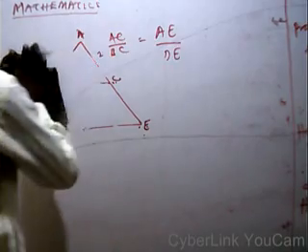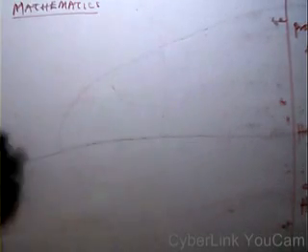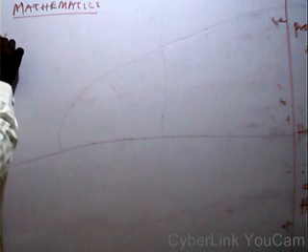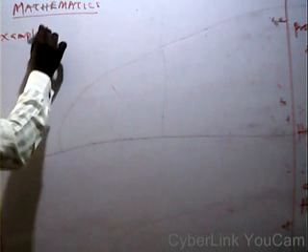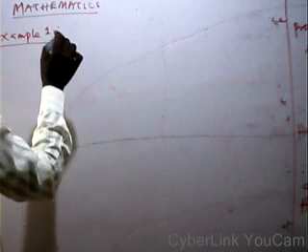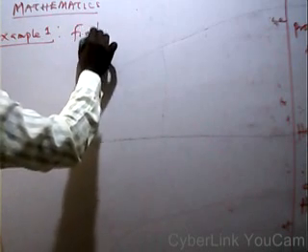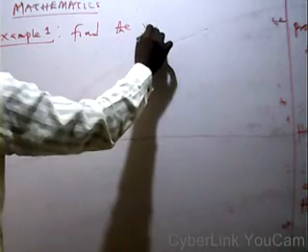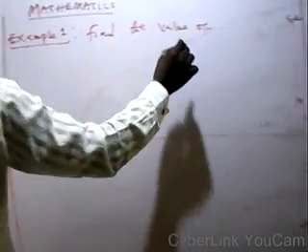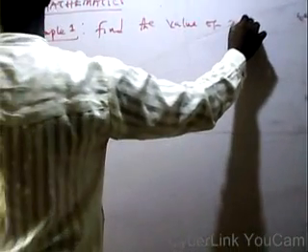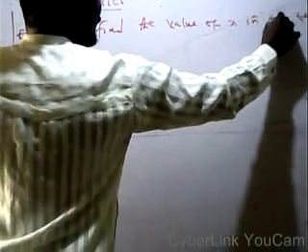So let's quickly take examples here. We take 2 examples and then we can go to our assignments. So the first one, example 1: find the value of x in this diagram.